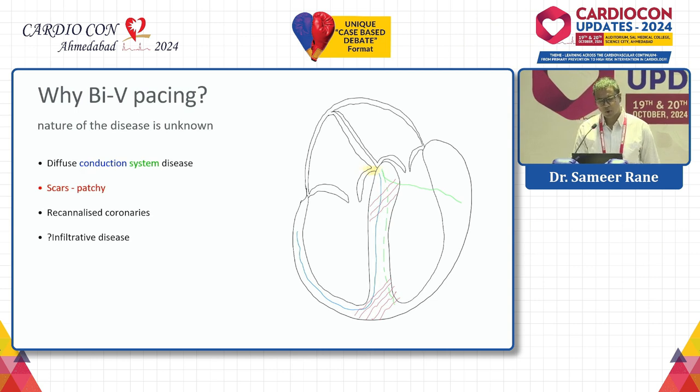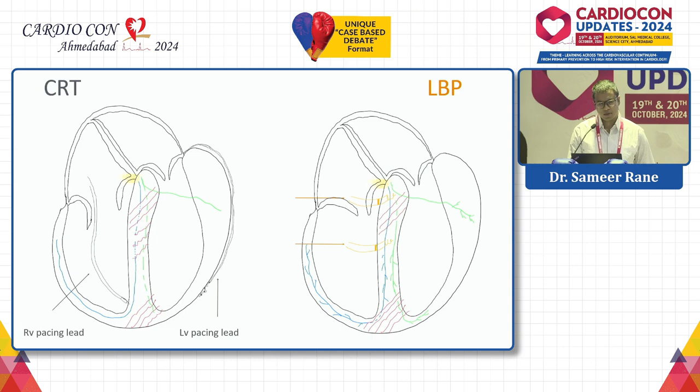We do not know the nature of the disease. He has presented to us with a diffuse conduction system disease. Scars are patchy. Although MRI shows an apical scar, and his recent angiogram shows recanalized coronaries, whether this is an infiltrative disease, he needs further workup. In this diagram, you can see CRT versus left bundle pacing.